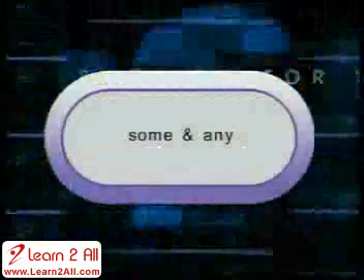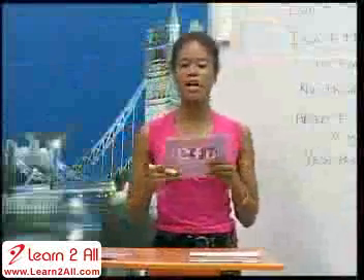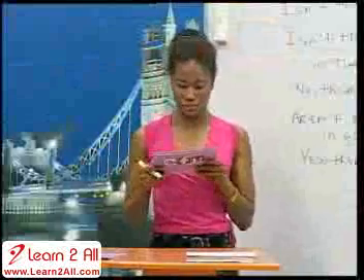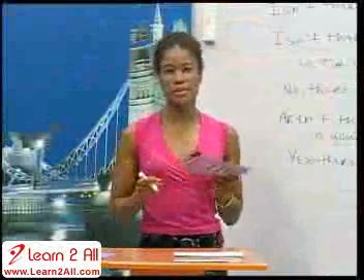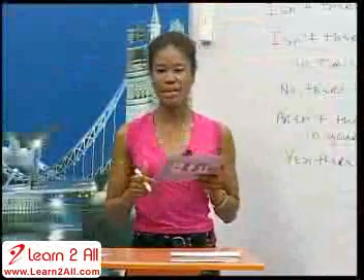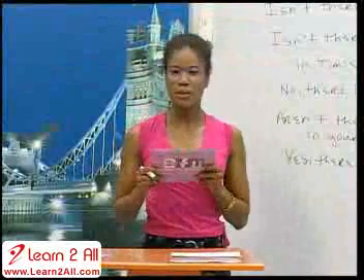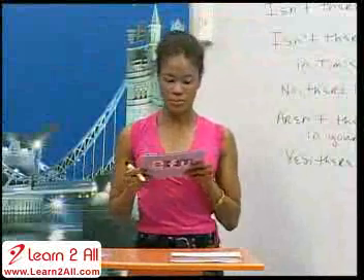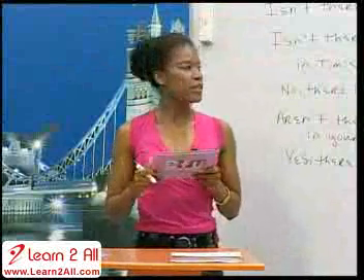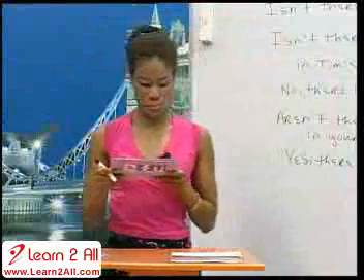Some and any. Now we will review some and any. Before we do this, let's quickly review count and non-count nouns. Take a look on your screen. Let's look at these sentences.